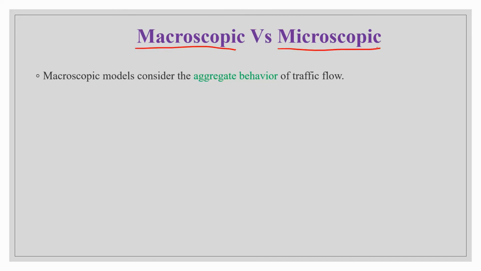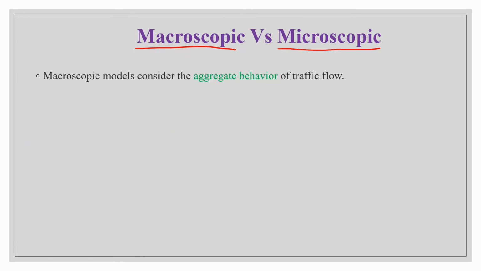Now we will see the difference between microscopic versus macroscopic. So what are macroscopic models? These types of models are used mainly to model traffic flow. We will talk about traffic flow modeling in a coming section, but here we will just understand the difference between a macroscopic model and a microscopic model.